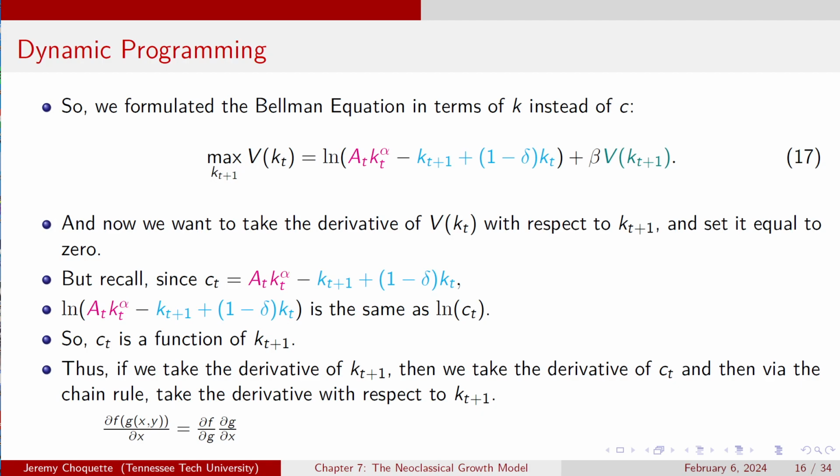So if I've got the natural log of CT and CT is a function of KT plus 1, think of it as like the function of CT, like f of g of x. And I want the derivative of that with respect to x. What do I have to do? Well, I got to take the derivative of f, and then I got to multiply the derivative of f by the derivative of g with respect to x. So think of it as like peeling an onion, right?